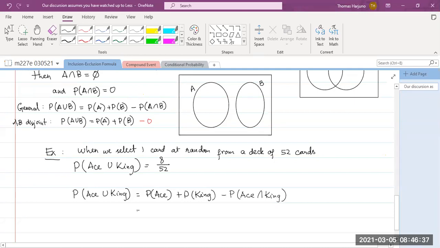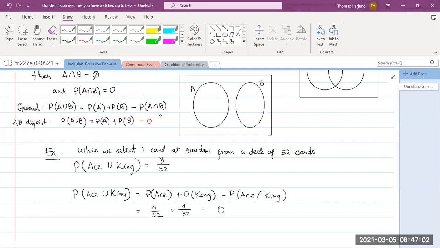Probability of getting an ace is 4 out of 52. Probability of getting a king is also 4 out of 52. There are 4 kings in the deck of cards, minus the probability of the intersection. But there's no intersection. There's no ace that is also a king. There's no king that is also an ace. That's why that's basically 0.